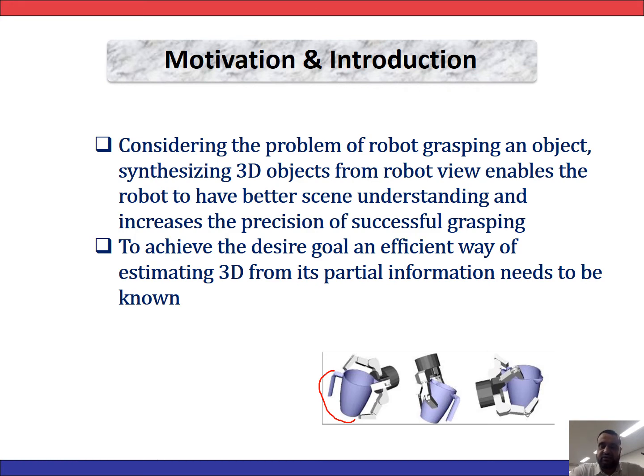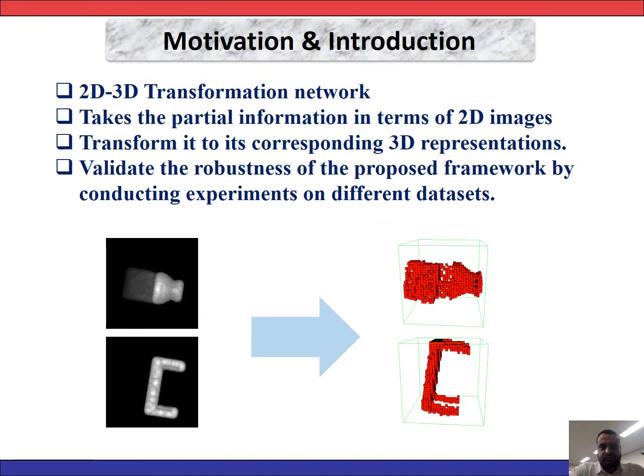If it has the information of this cup, it can grasp it accurately. So for this we developed a 2D to 3D transformation network that takes the partial information in terms of 2D images as input, and generates its corresponding 3D objects.